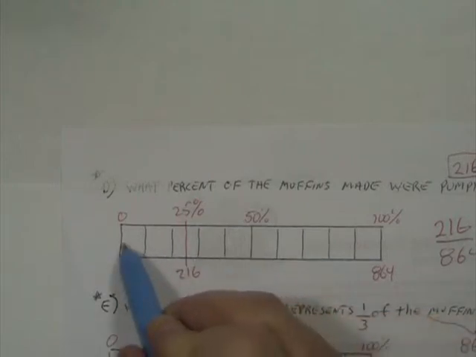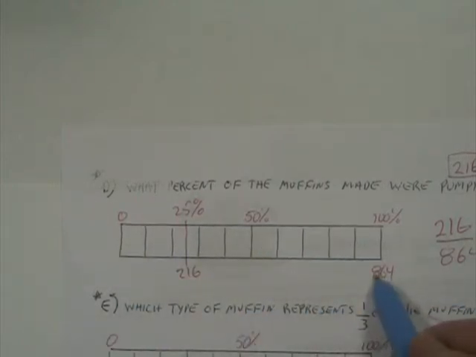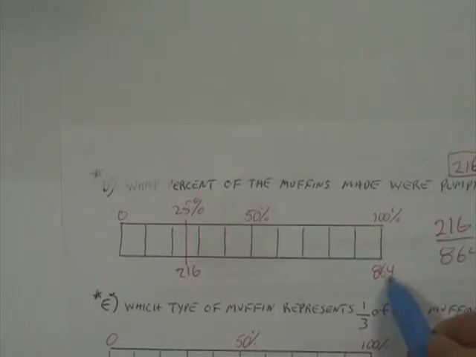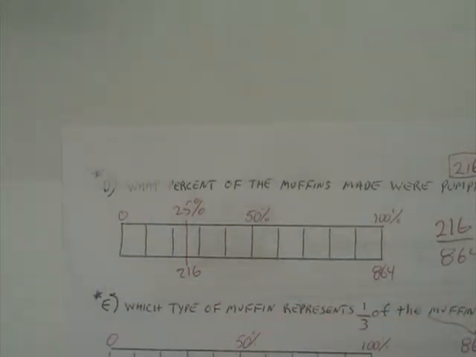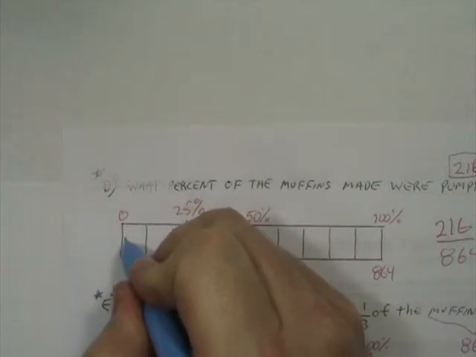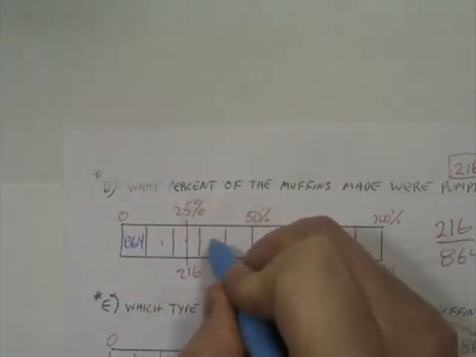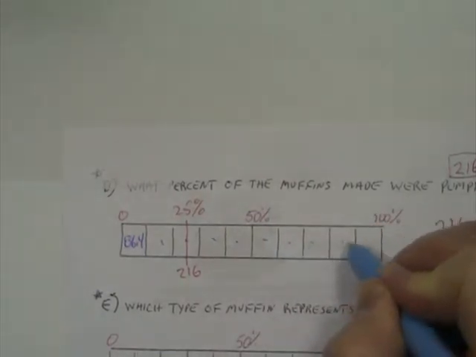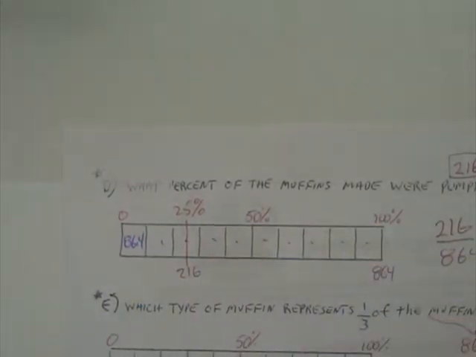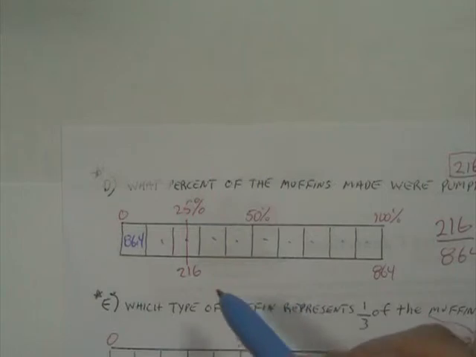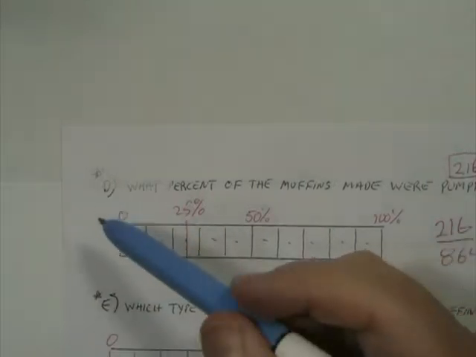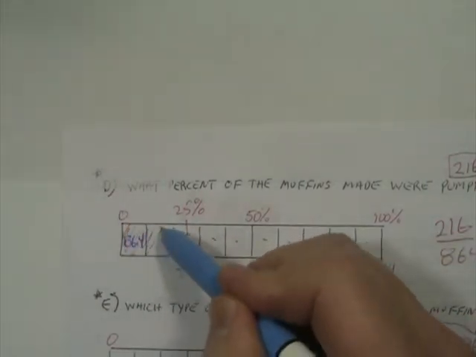And in each one of these is 86.4, right? Because 10% of 864. And I'm just going to put dot, dot, dot, because it's in every single one of these. And so what's shaded? This 25% right here.